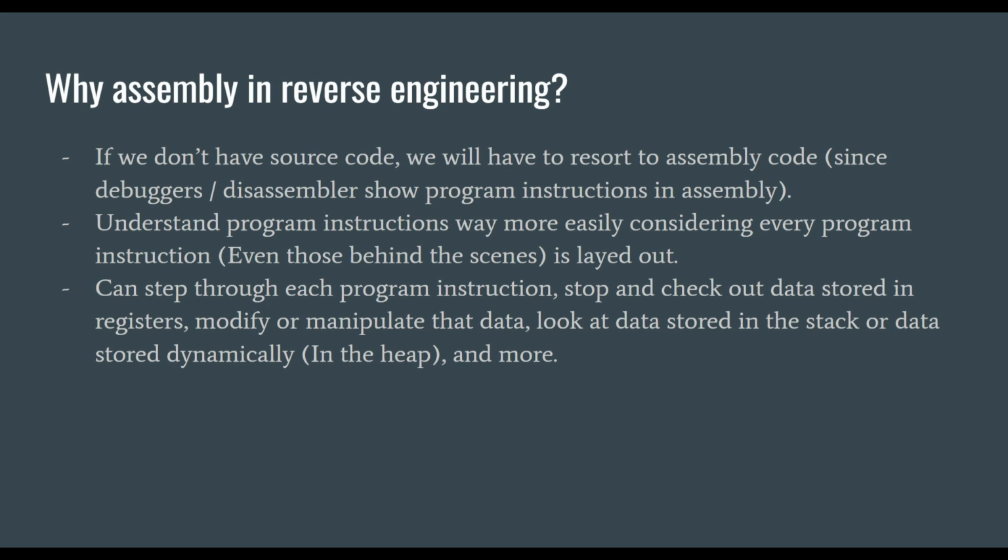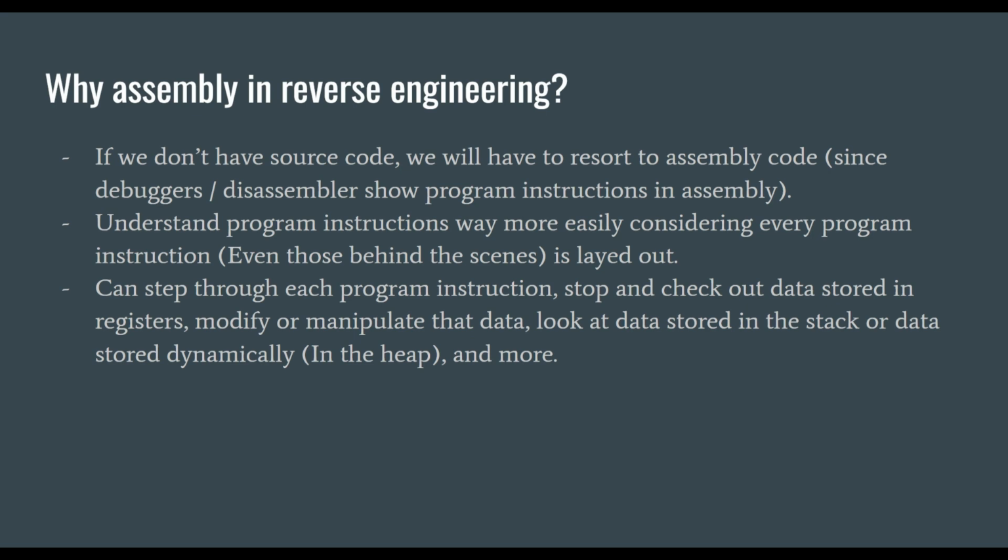So, why do we use assembly in reverse engineering? Well, if we don't have access to source code, say an application is written in C++, we'd need to resort to assembly. Also, disassemblers like IDA or GDB all use assembly to disassemble the program.